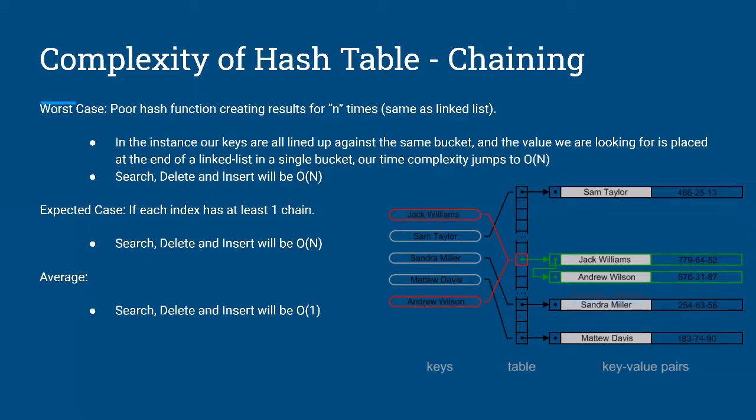So that's why it's going to be O(n) for the worst case. And the expected case, if each index has at least one chain, so one linked list, is also O(n) because the number of names is the amount we have to go through, and the average we want is O(1) with no chaining.